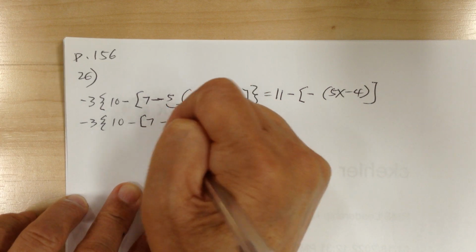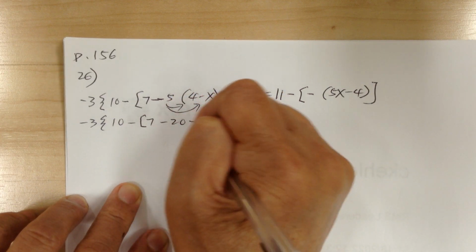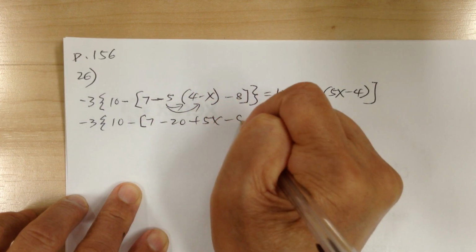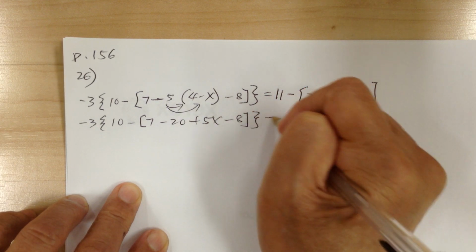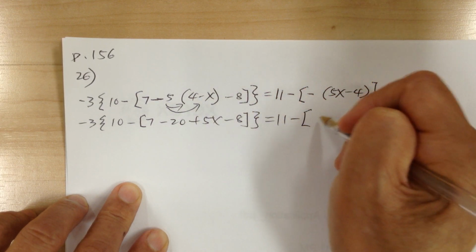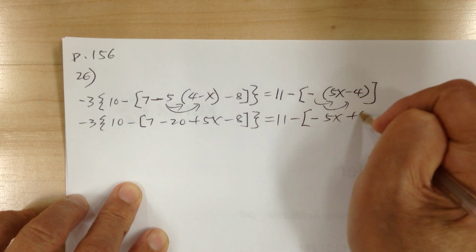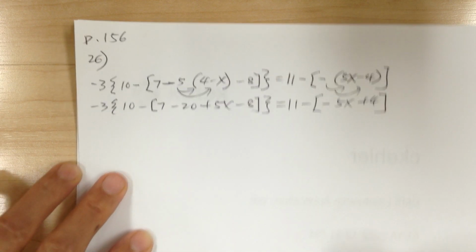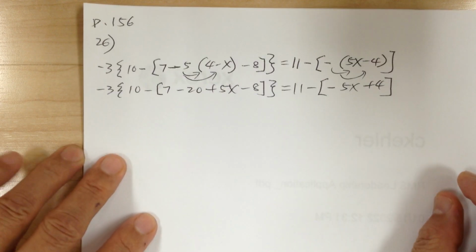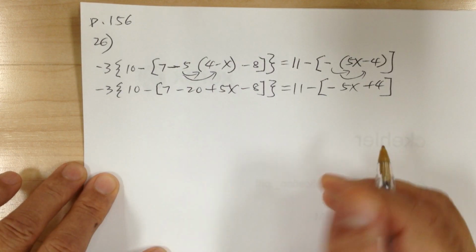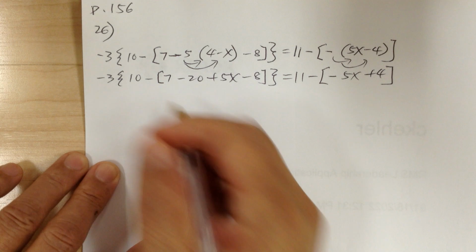So this one distribute, minus 20. This becomes plus 5x. That's going to do the parentheses, so minus 5x plus 4. And next I'm going to do the bracket.